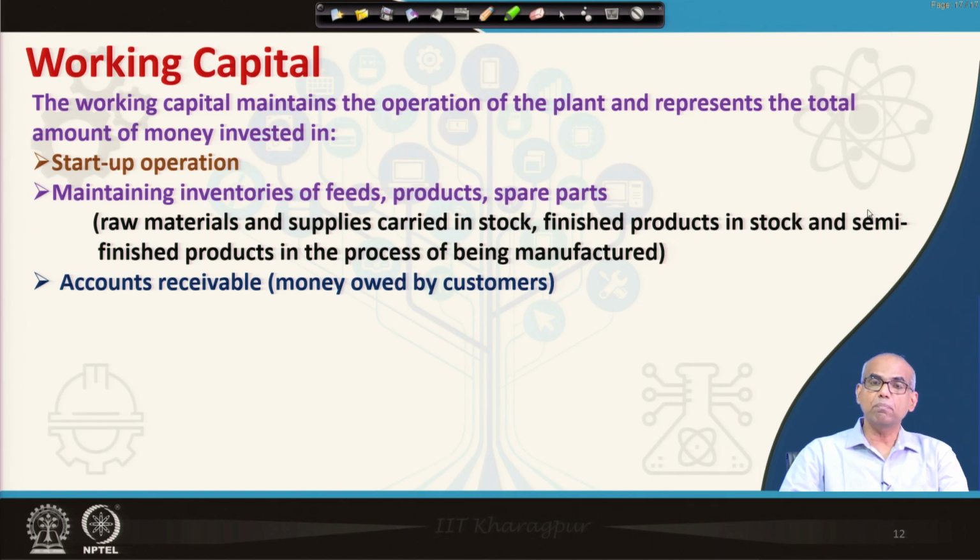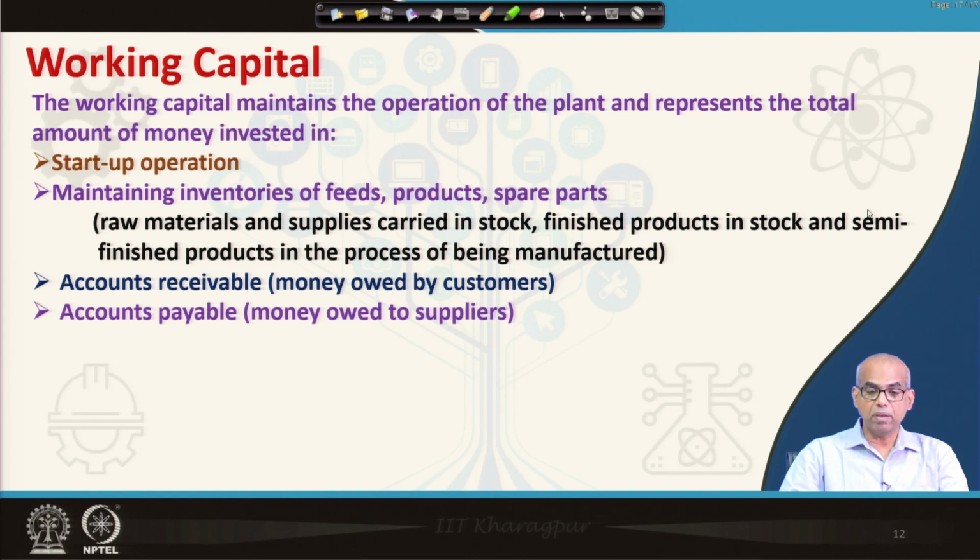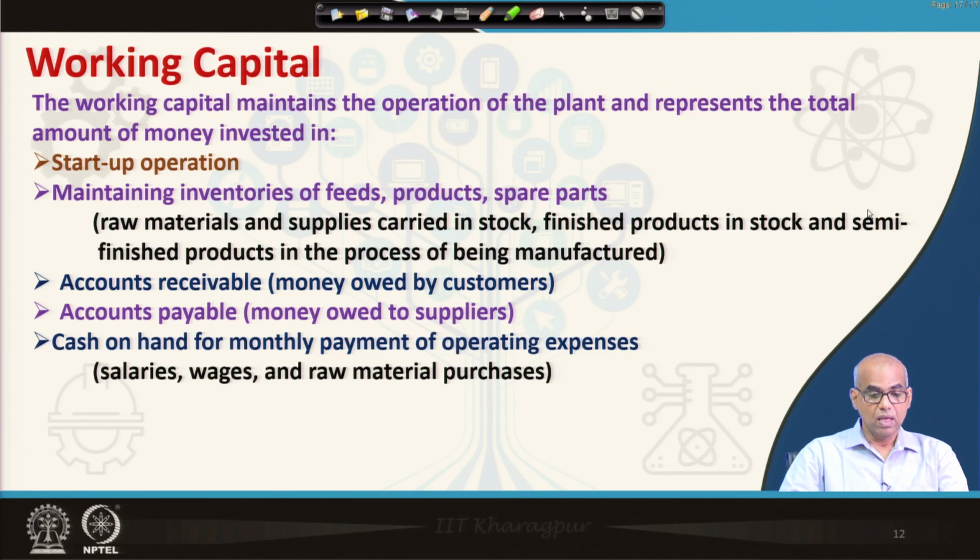So, this is the money company will get from the customers. Accounts payable, this is the money company will pay to suppliers. Cash on hand for monthly payment of operating expenses such as salaries, wages and raw material purchase, and taxes payable. So, working capital maintains the operation of the plant and they represent the total amount of money invested under these heads.